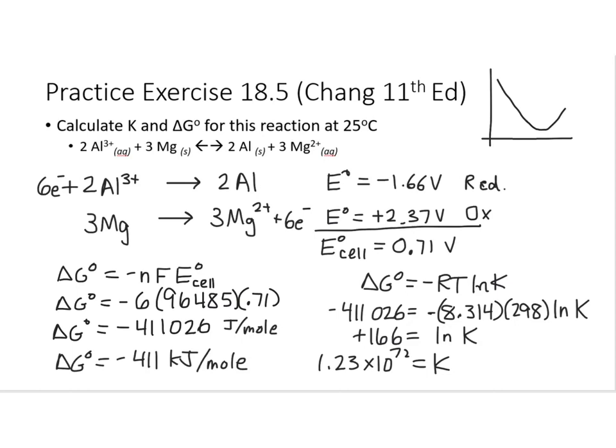That's going to be a process that has a negative delta G. That's going to be something that has a positive E cell potential. So you can use that little sketch to do a mental check. Yep, E cell is positive. That corresponds to a negative Gibbs free energy. That corresponds to a much bigger than 1 K.